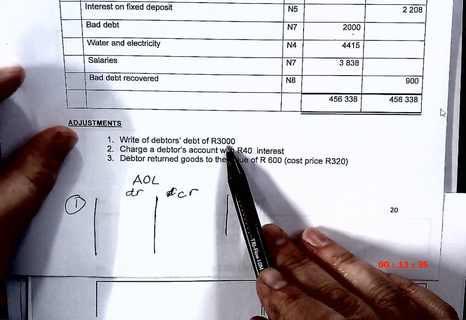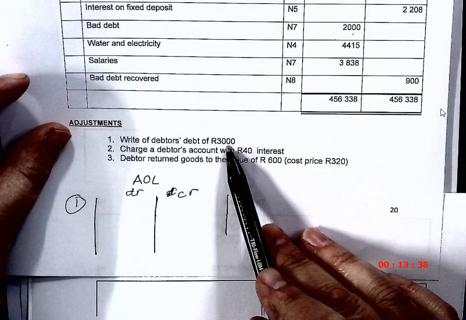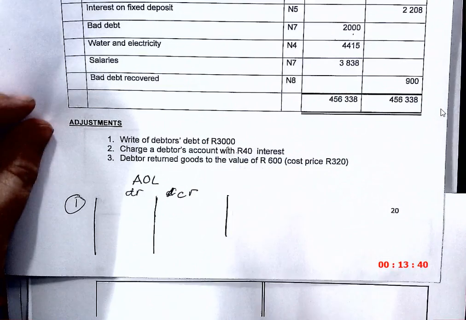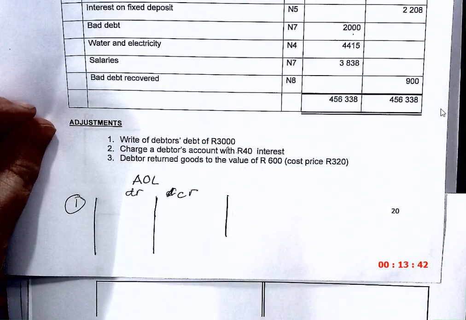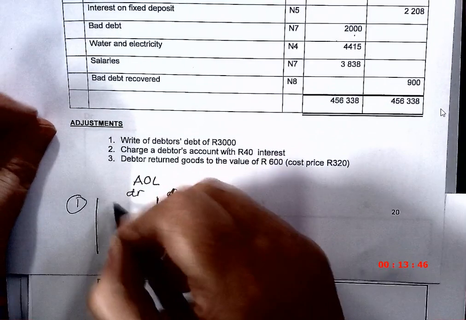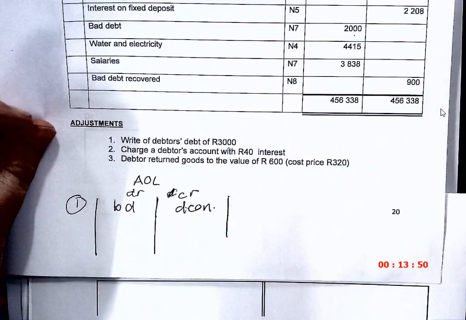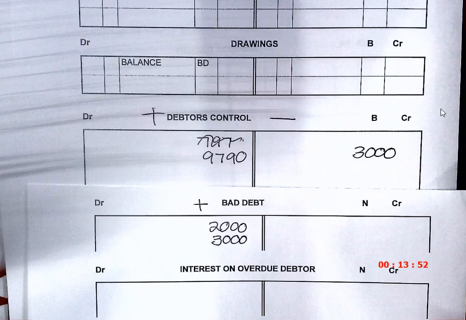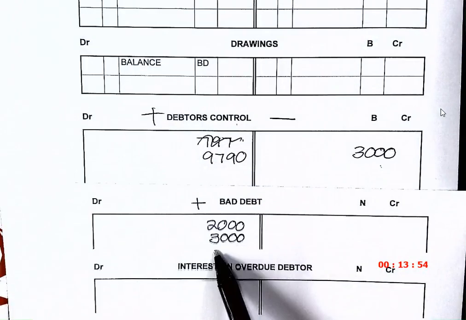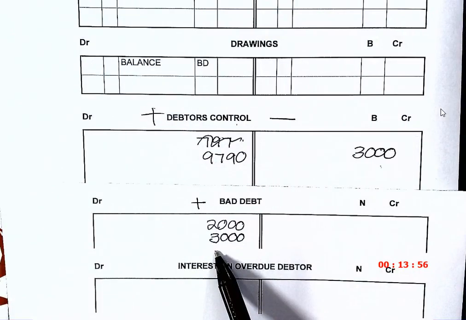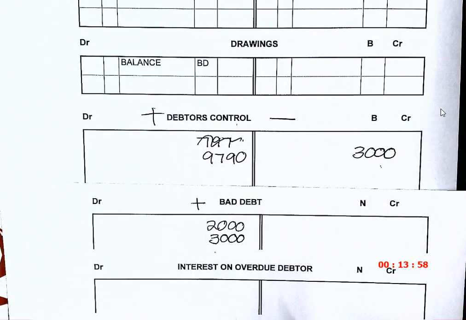So you can do it one of two ways. For me, it's easy to quickly go to my AOL and say bad debts, debtors control. So I know my debtors control will credit and my bad debts will debit. Or you can do little T's.